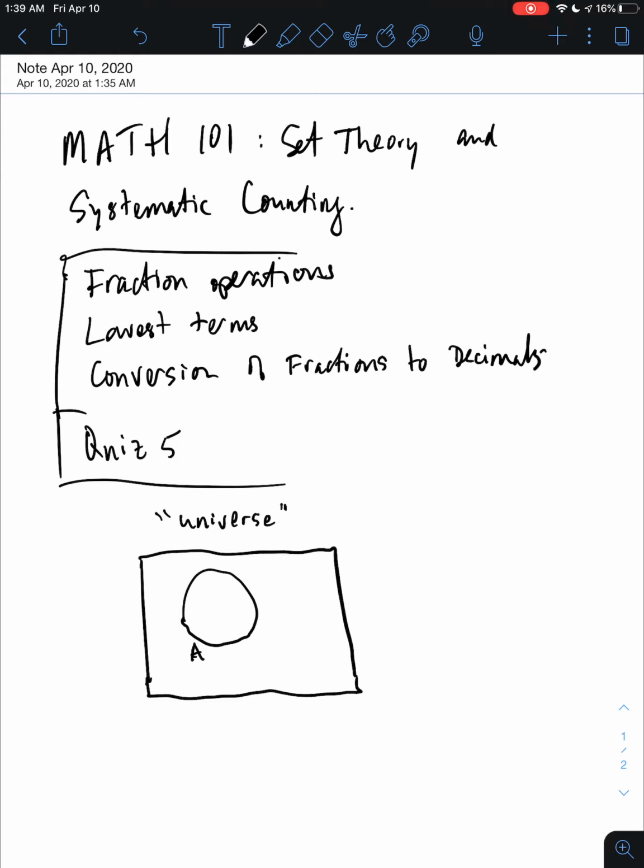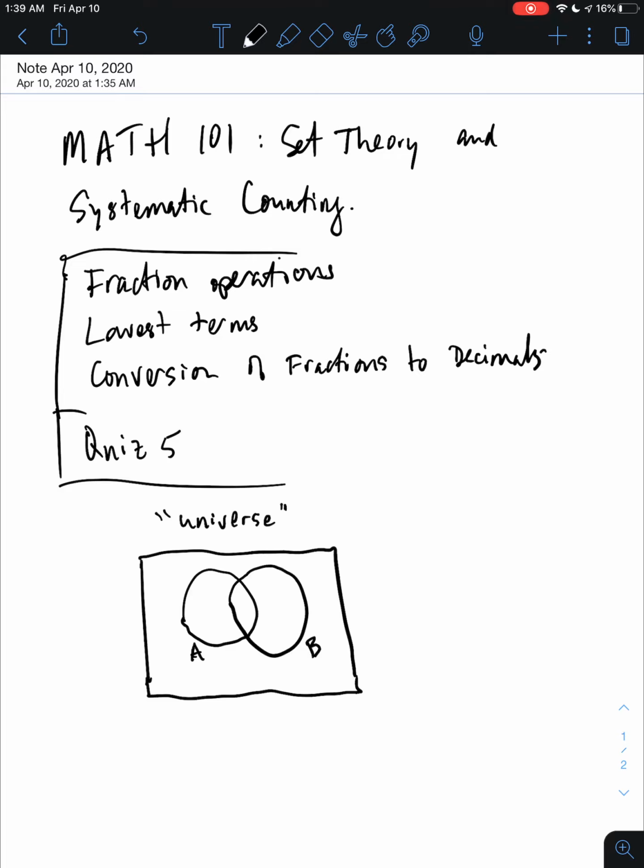And now what we're going to do is look at a few ways of combining sets, set operations if you wish, and then look at counting and trying to figure out how many elements there are inside a set. So those are the two problems we're going to work on. We're going to start with two sets.